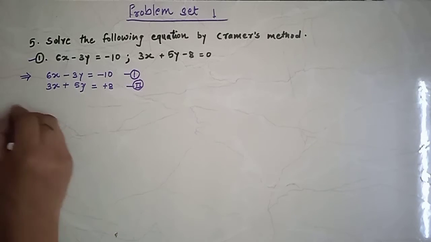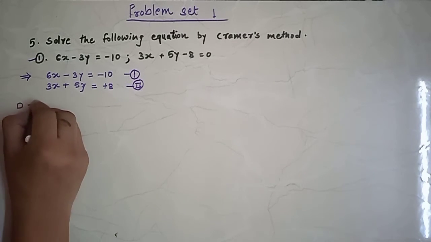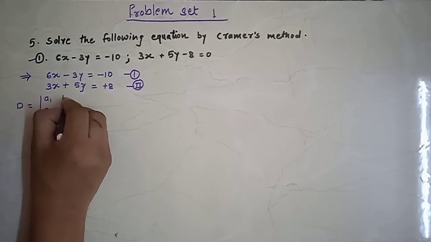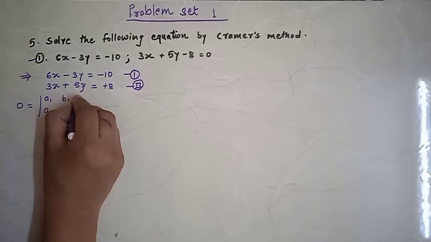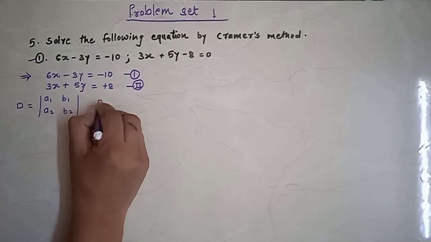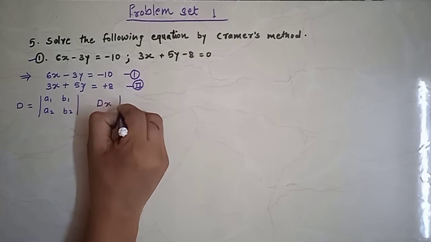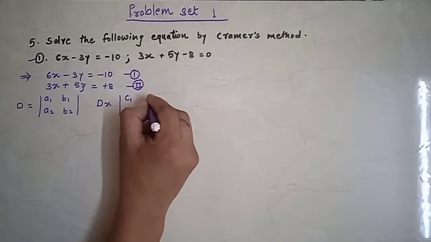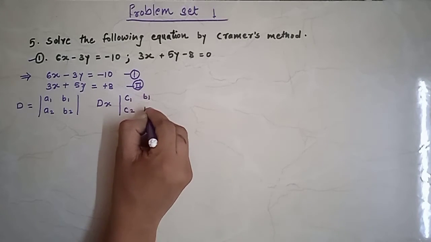So we know the formulas for D, Dx and Dy. D is the determinant a1 a2, b1 b2. This is the formula for D, and D of x is c1 c2 and b1 b2, where a1 a2 is replaced by c1 c2.